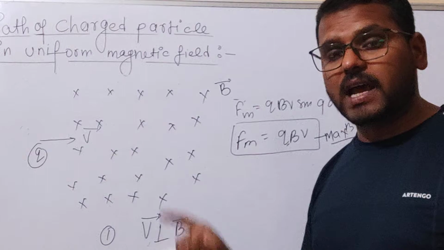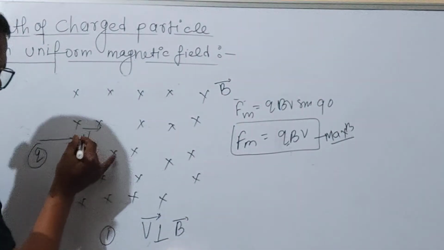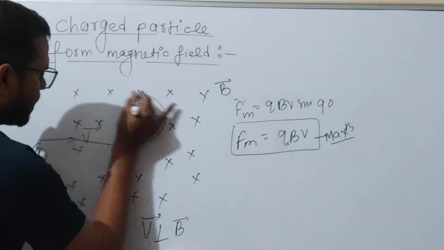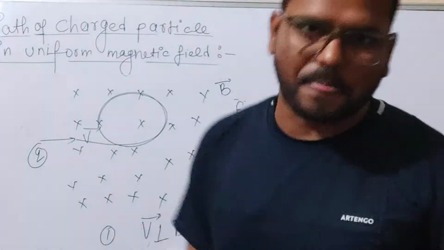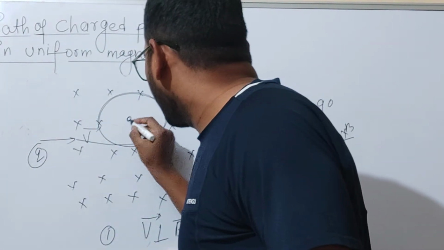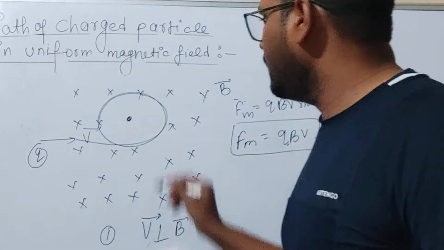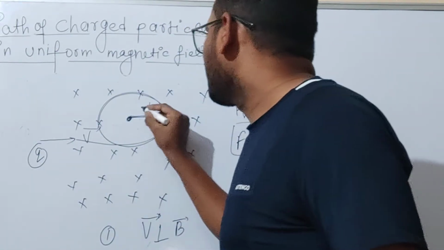As the magnetic field is uniform, it will acquire a circular path, and the radius will always be the same.